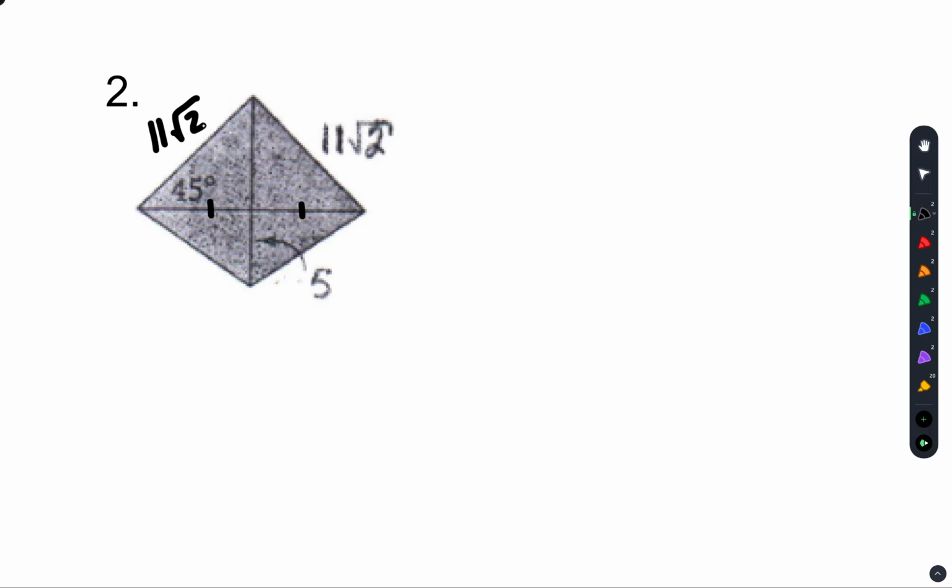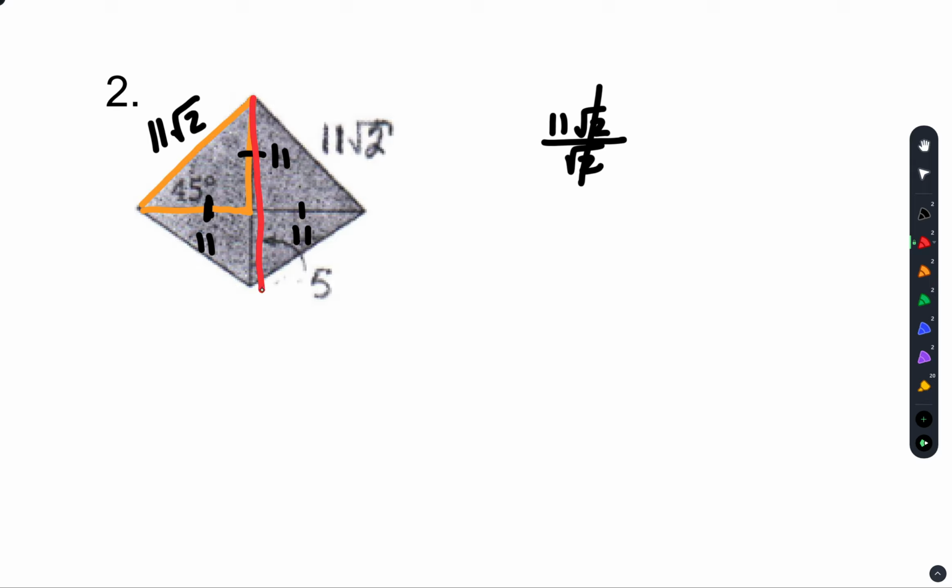So now I'm going to use this 45, 45, 90 triangle, this one right here, to say that each one of these pieces is congruent. Those are my legs that are congruent. And to get there, I'm going to take 11 radical 2 and divide it by radical 2. So each one of these legs is 11, which makes this 11.